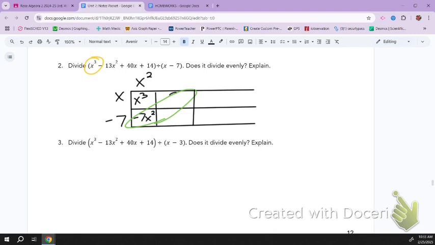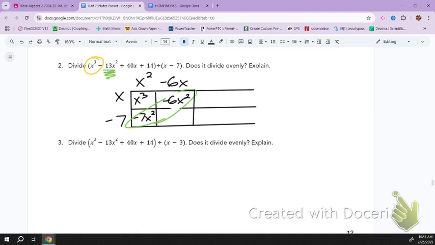So how many more do I need to put in this box to get me to negative 13x squared? Negative 6. Good. So this is going to be negative 6x squared. What has to go on the top then to make that true? Negative 6x. And I'm going to bring that down.